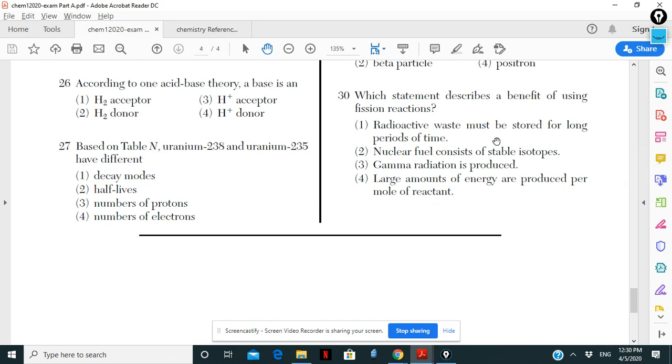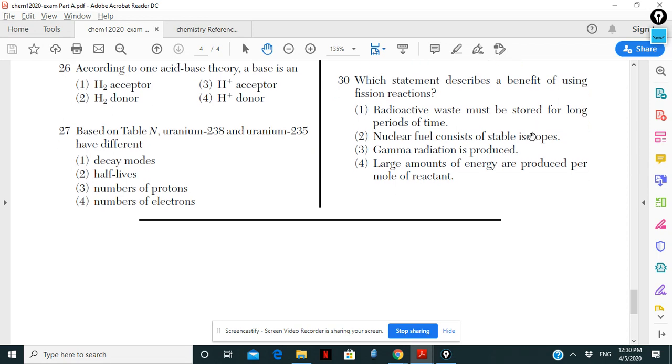Radioactive waste must be stored for a long period of time, not a benefit. Nuclear fuel consists of stable isotopes, no. Gamma radiation is produced, and we know it has high penetration, so it's harmful. But a large amount of energy, that's the one. So the answer is number 4.